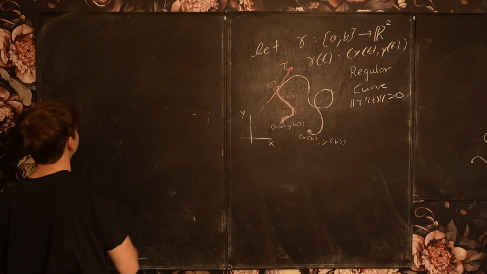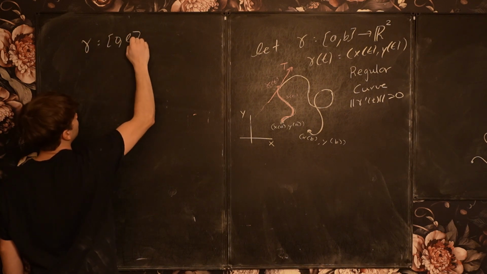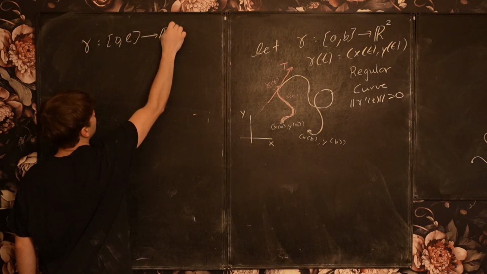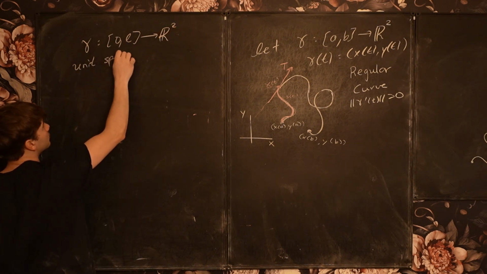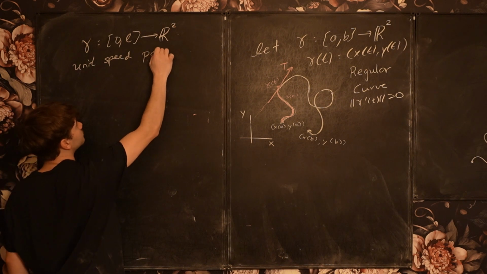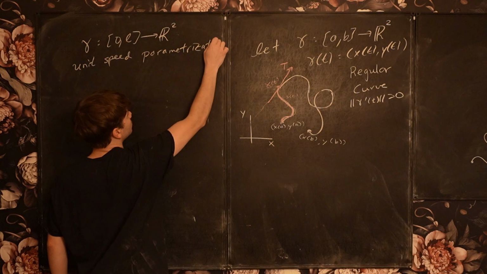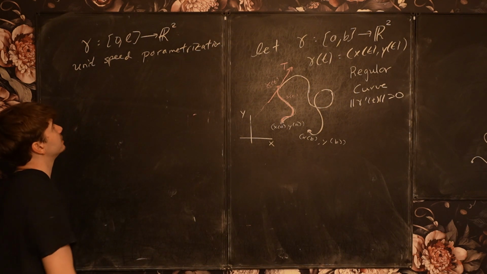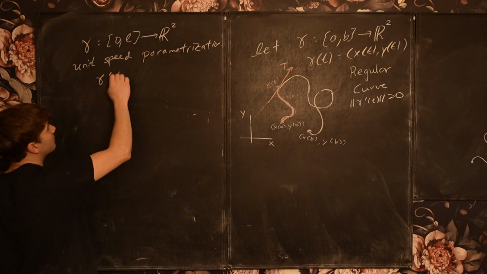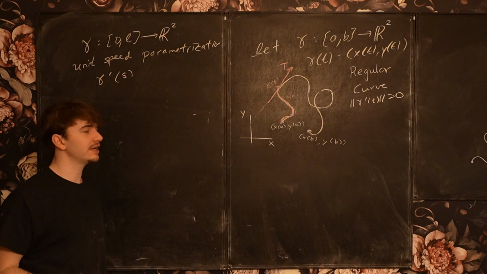Now we have gamma from 0 to L into R2 is a unit speed parameterization. And now we're going to start looking at the second derivative. So we know that gamma prime of s, now my primes, I'm again abusing notation.